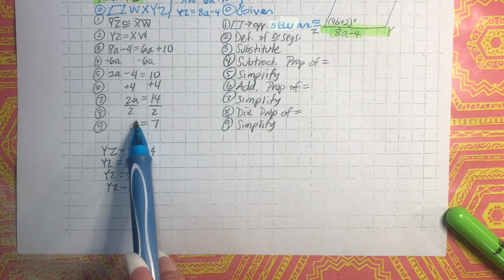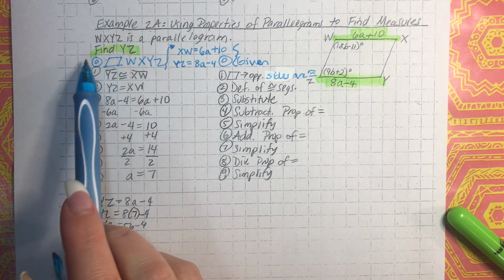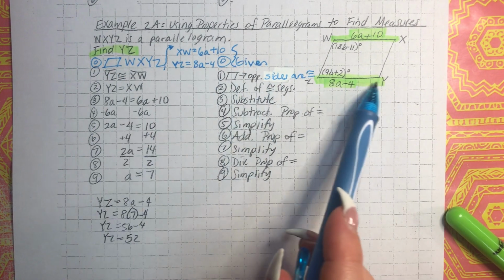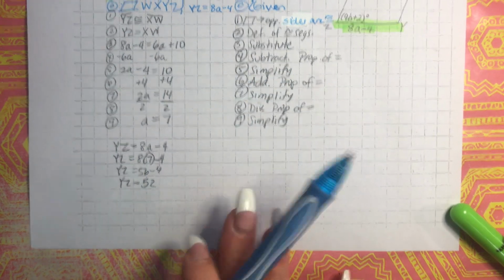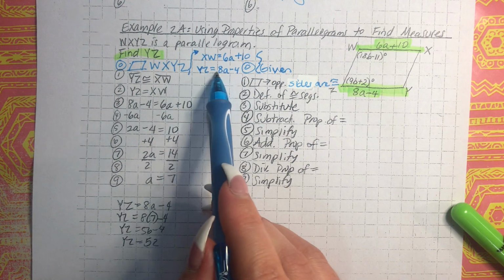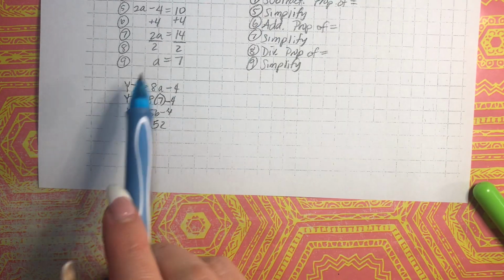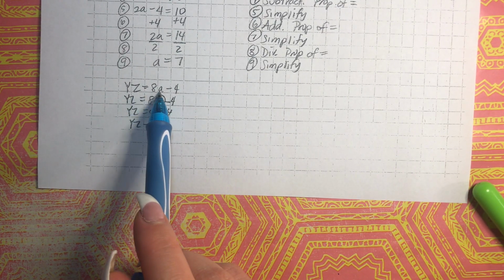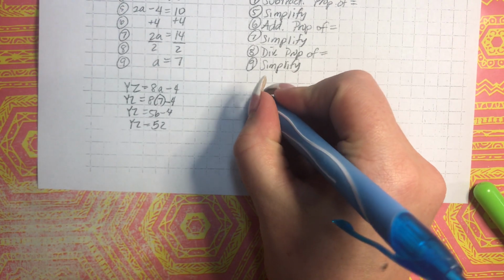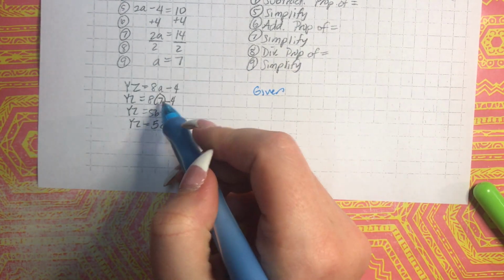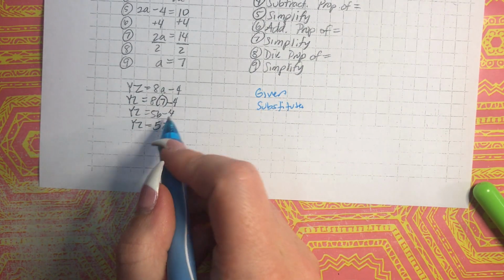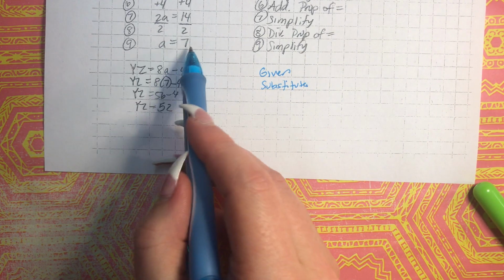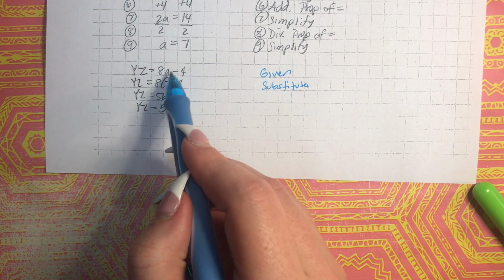So we know what A is, right? But what is the problem asking? It's asking us to find YZ. So I'm just going to write down what YZ is. YZ is 8A minus 4. That's given. And then we just substitute that in. From there, we're just simplifying. A is equal to 7, so we substitute 7 in.